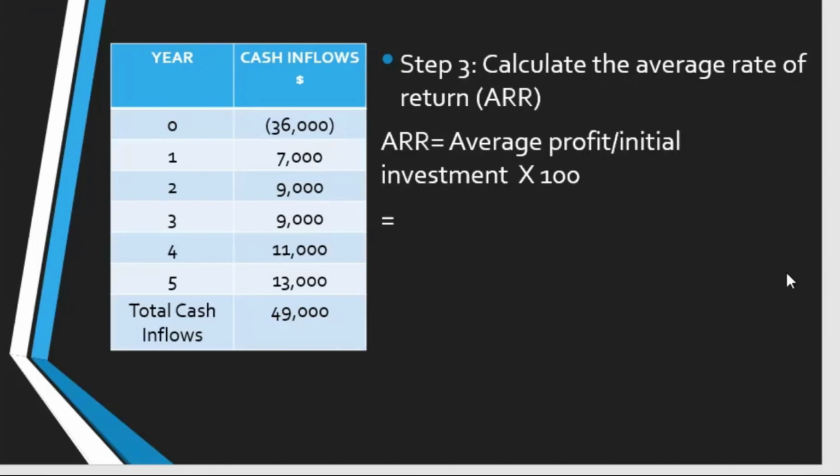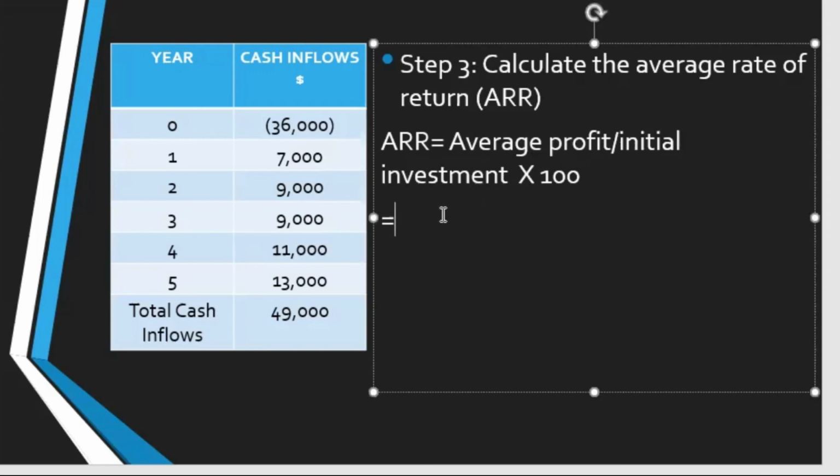Now, the average rate of return, now we come to the real deal. The formula for that is the average profit over initial investment times 100. And we already know what the average profit is. The average profit is 2,600, over what is the initial investment.